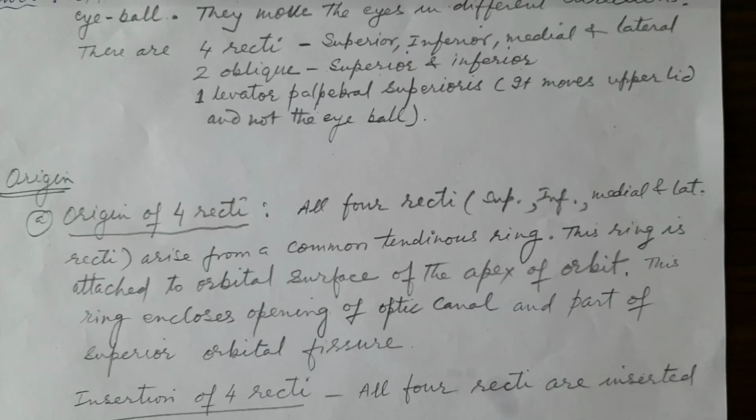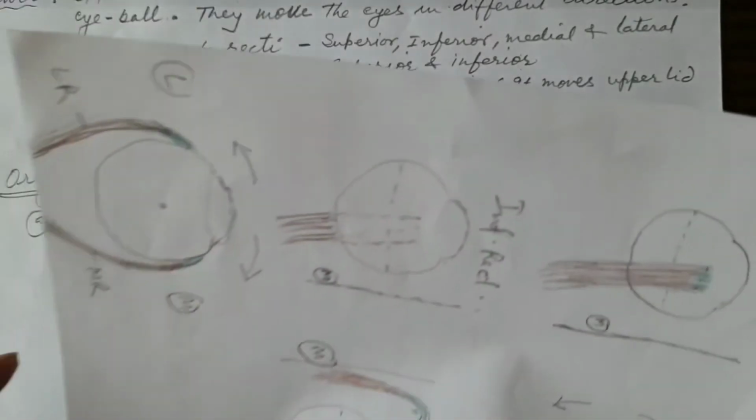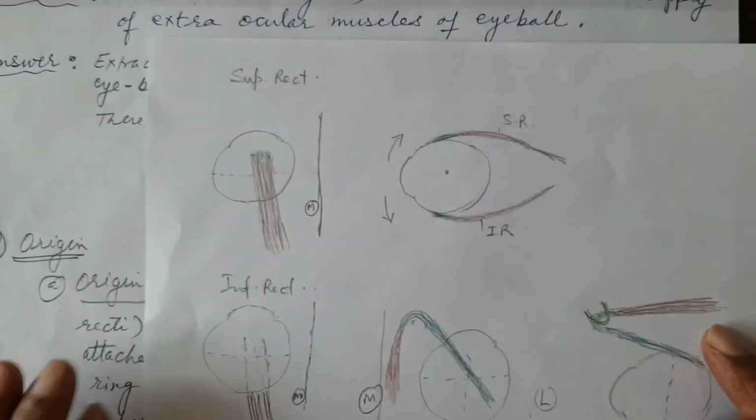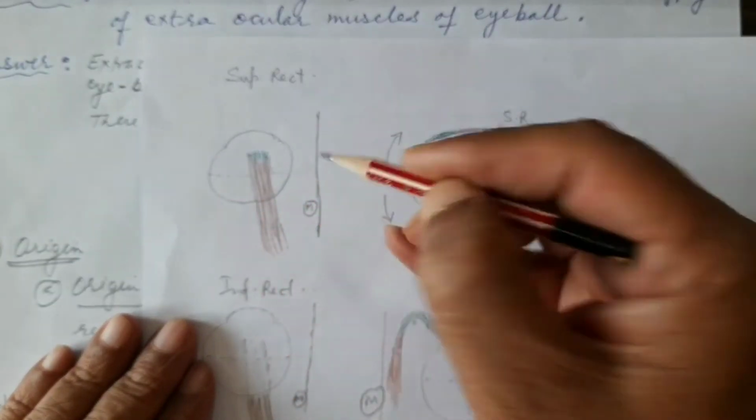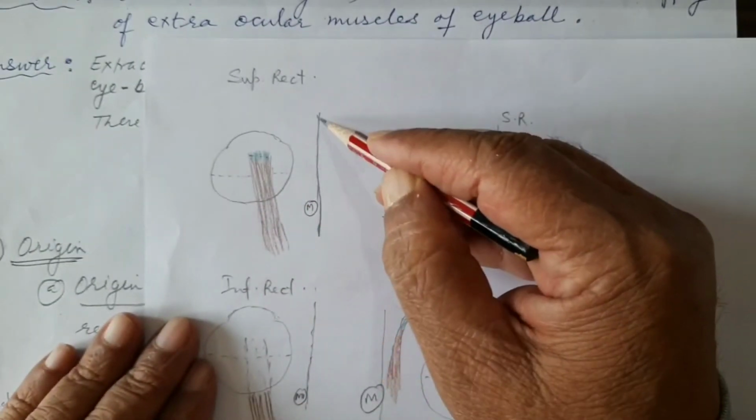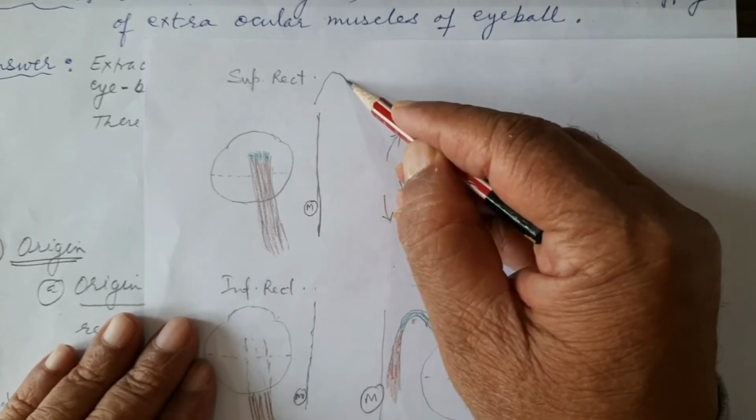Let us see this diagram for the superior rectus first. In the separate diagram I have shown, this is the eyeball, this is the equator of the eyeball, and this is the medial wall, meaning the nose is here somewhere.